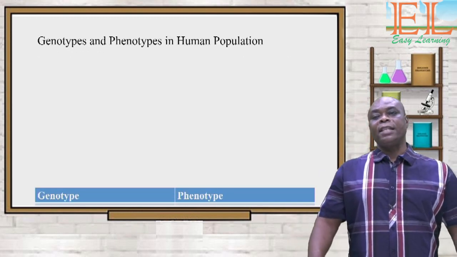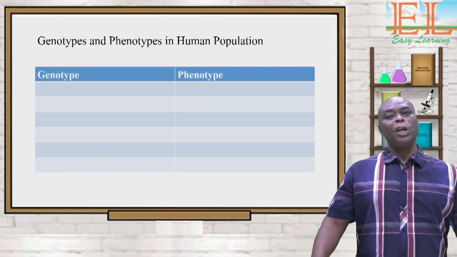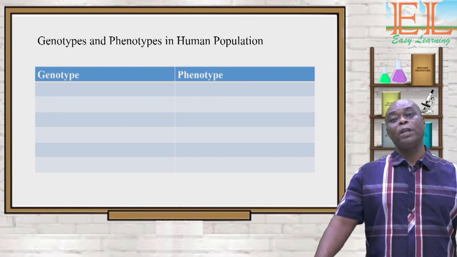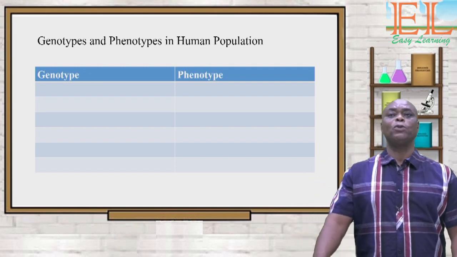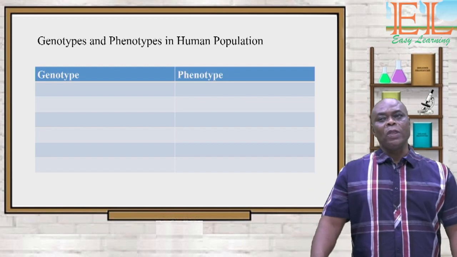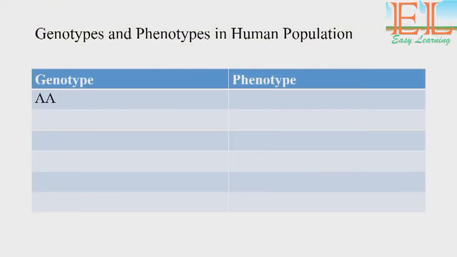Now, let's see the genotype and phenotypes of human blood groups. Let's come to the table. We have genotypes on one side and phenotypes on the other side. When a person has genotype AA, that person's blood group is A. That means we have homozygous A. There is no O there, so just the A will show.